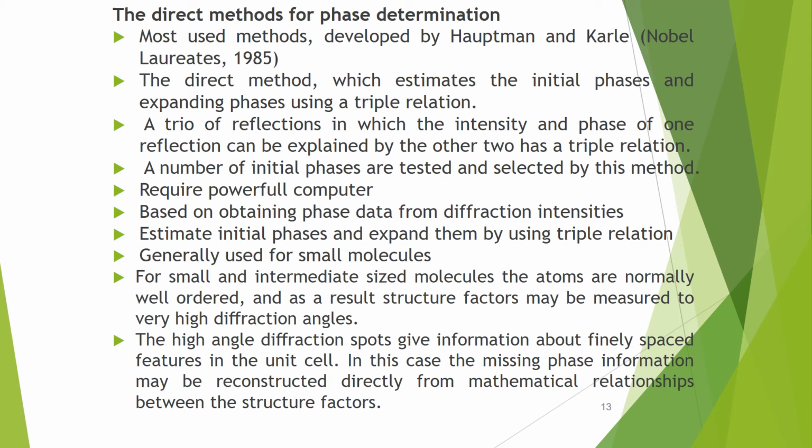The direct method estimates the initial phases and expands the phases using a triple relation, a trio of reflections in which the intensity and phase of one reflection can be explained by the other two. A number of initial phases are tested and selected by this method.